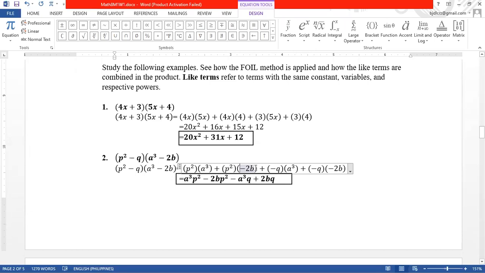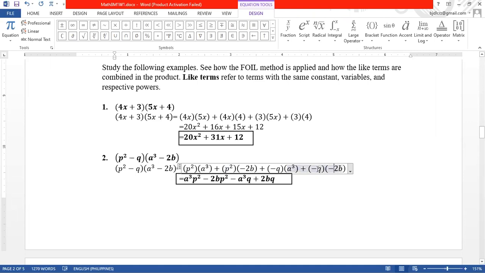Negative 2B P squared. Negative 2B P squared. Next, negative Q and A cube. So, negative A cube Q plus the negative Q times negative 2B.